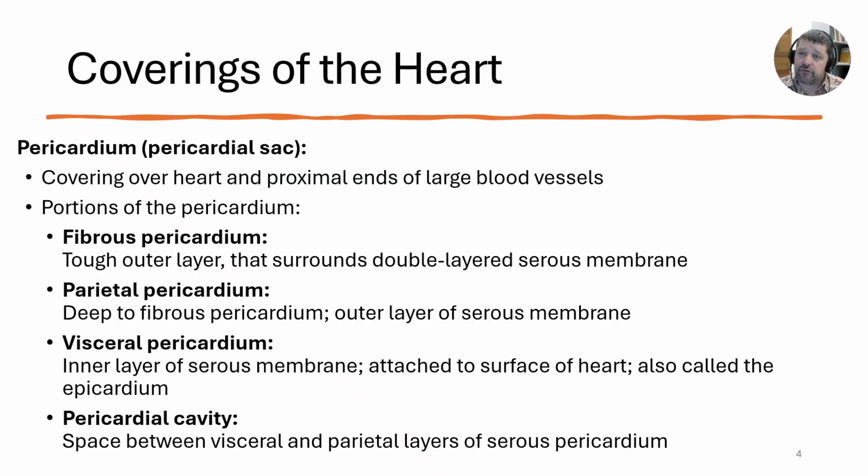Some complications that we see in individuals is when you get too much fluid built up in the pericardial cavity. Sometimes this is due to infections and other things that might happen. Or maybe there's damage to the heart muscle and it's starting to deteriorate and white blood cells are starting to consume that material.